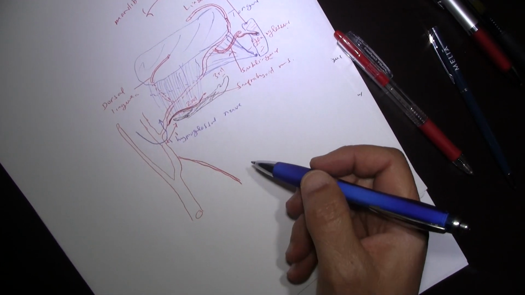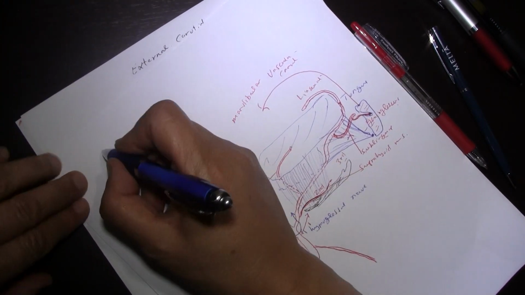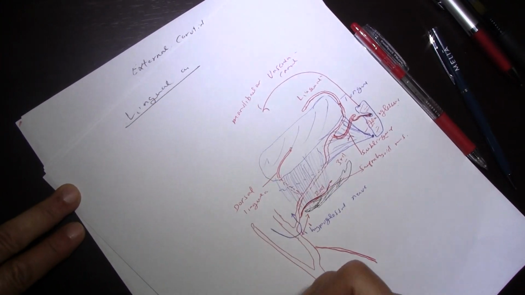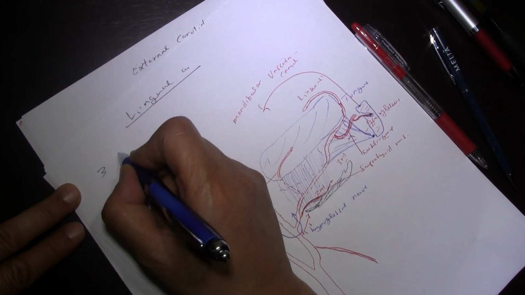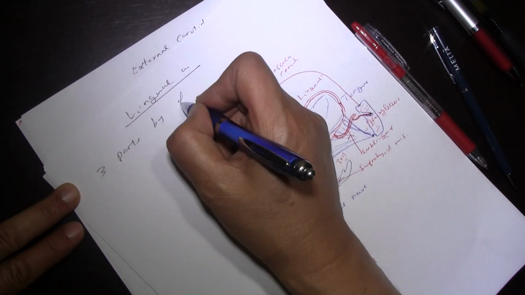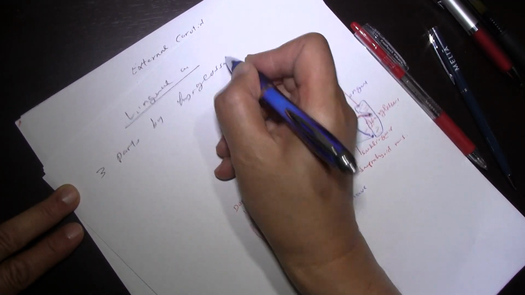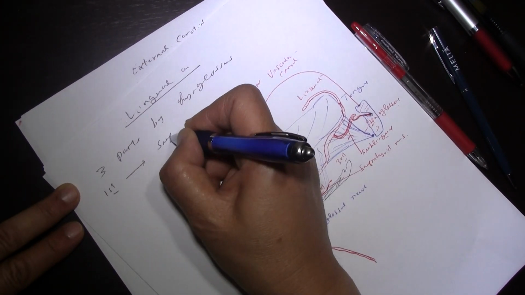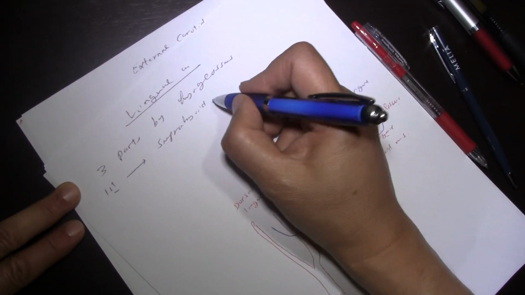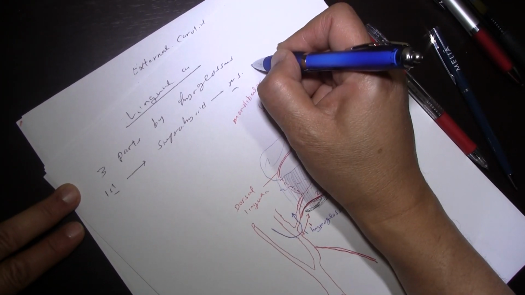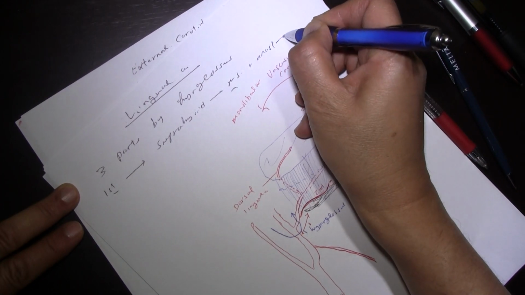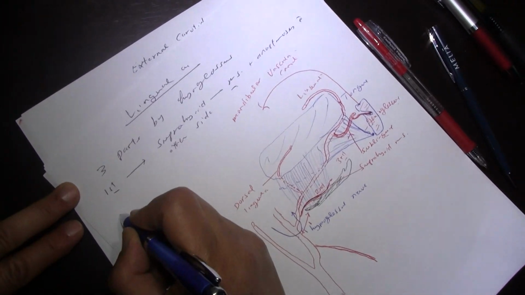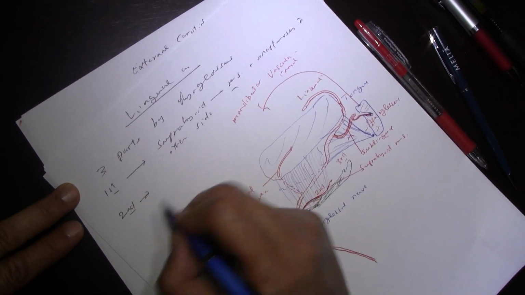So if I ask you again to make it simple, the lingual artery is divided into three parts by hyoglossus. Correct? The first part is going to send suprahyoid branch, supplying suprahyoid muscles, plus anastomosis with the other side. The second one is going to send the branch to the dorsum of the tongue.